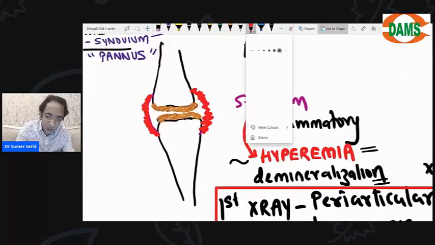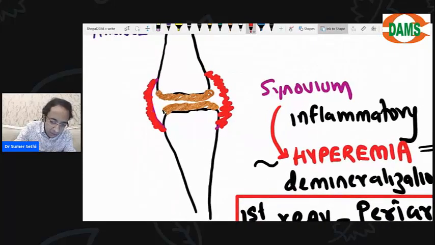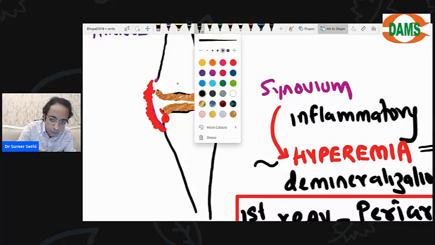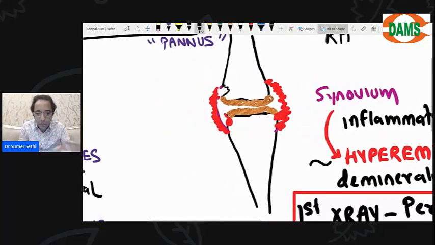Okay. Now in rheumatoid arthritis, wherever inflamed synovium is touching the bone, that part will start getting small destructions. Wherever the inflamed synovium is touching the bone, it will cause destruction, localized destruction.